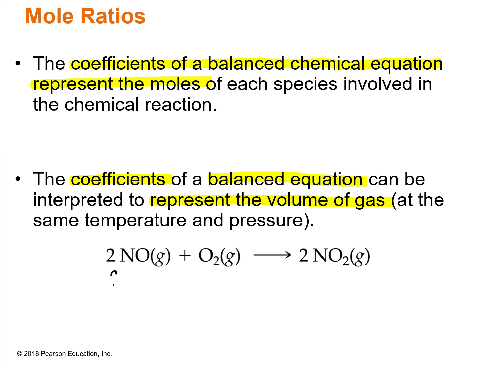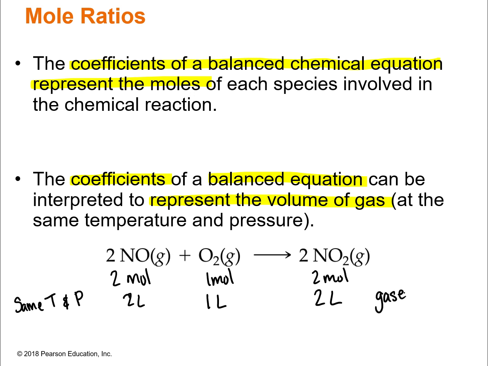So what that means is I can say 2 moles, 1 mole, 2 moles, or at the same temperature and pressure, 2 liters, 1 liter, and 2 liters. That's only for gases. We'll revisit this when we're doing the different stoichiometry problem types. So tuck that in your back pocket, just keep it around.